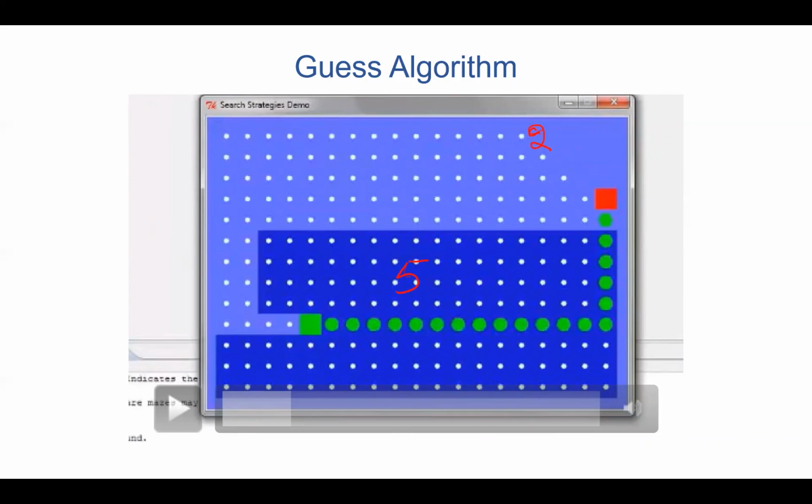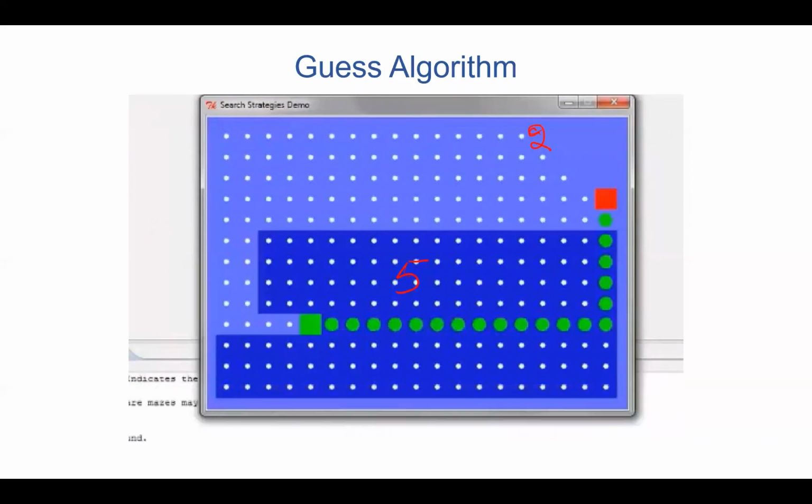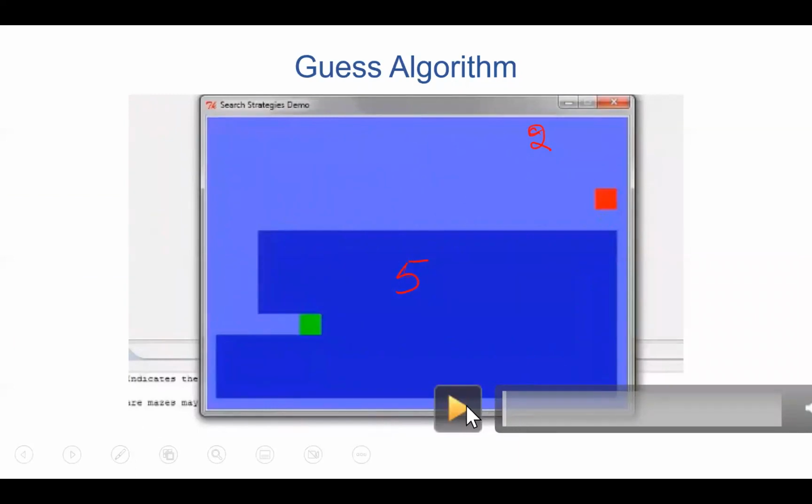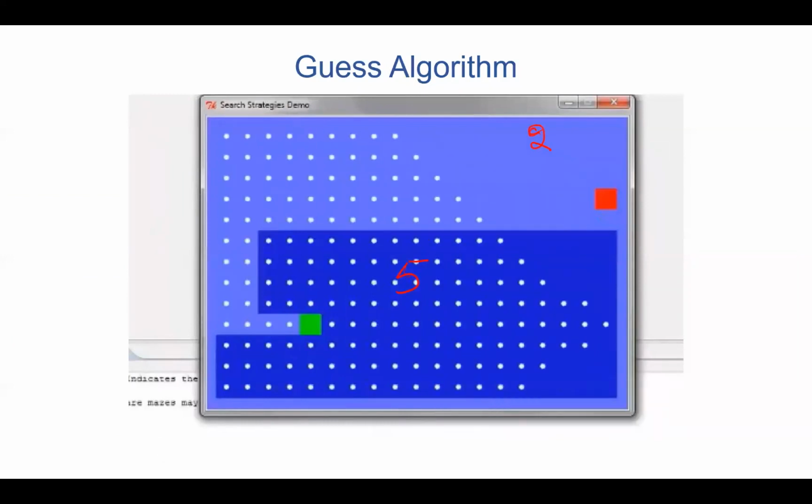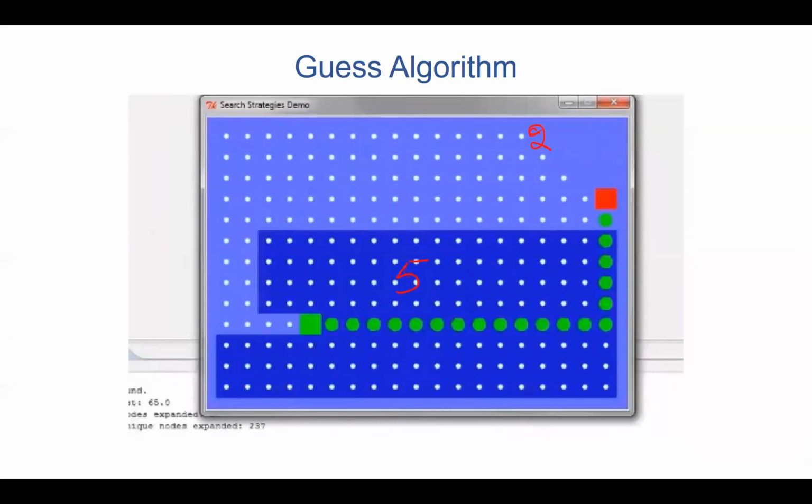Which one do you think this algorithm was? Breadth first. You know why? Exactly. It didn't care if it was shallow water or deep water. It will just expand in every direction, not caring about where the shallow water is, where the deep water is, right?